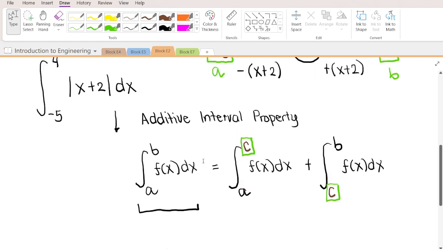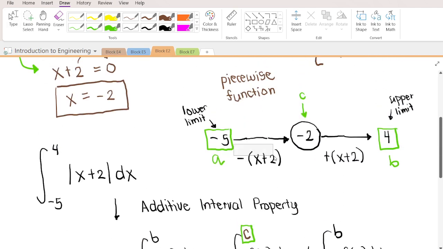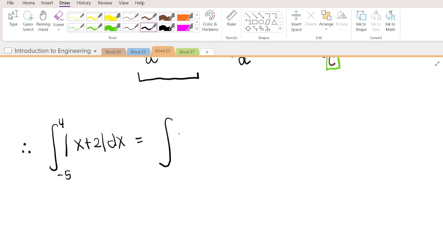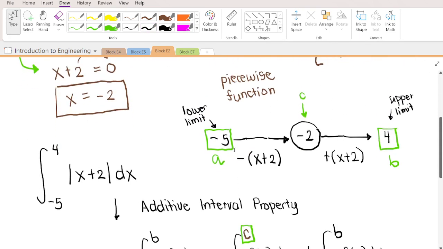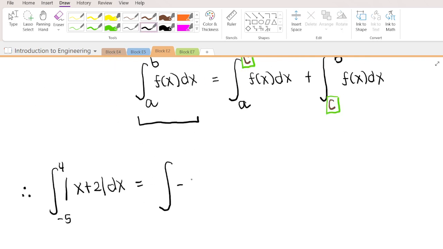The first integral should be the integral of this term, since this term will only be true if the values are less than negative 2 and negative 2. So we are going to write the entire thing, that includes a negative sign. So we have negative of x plus 2 with respect to x from negative 5 to negative 2.